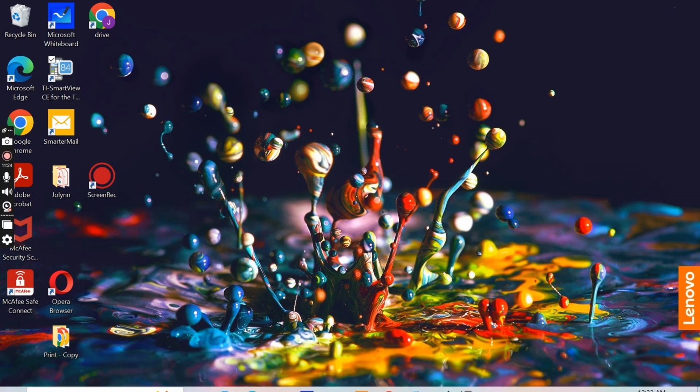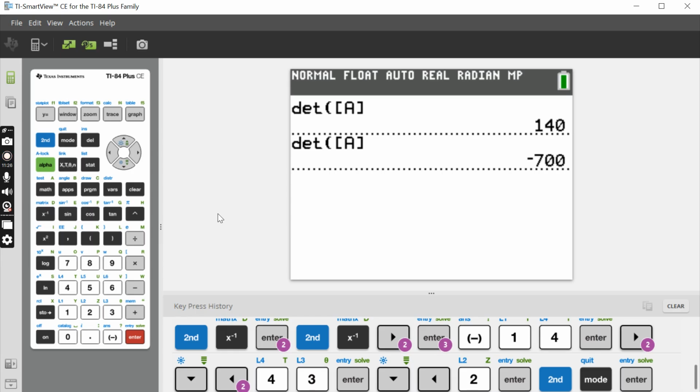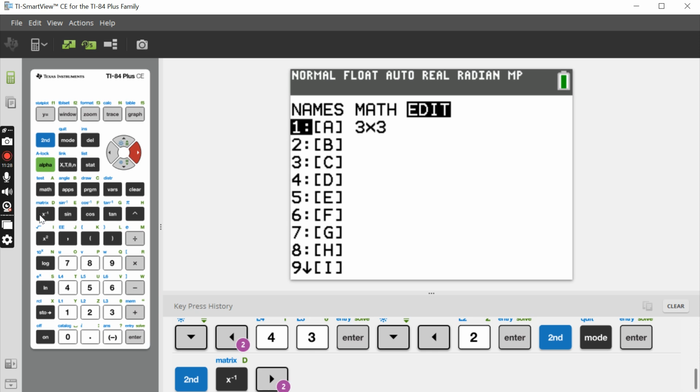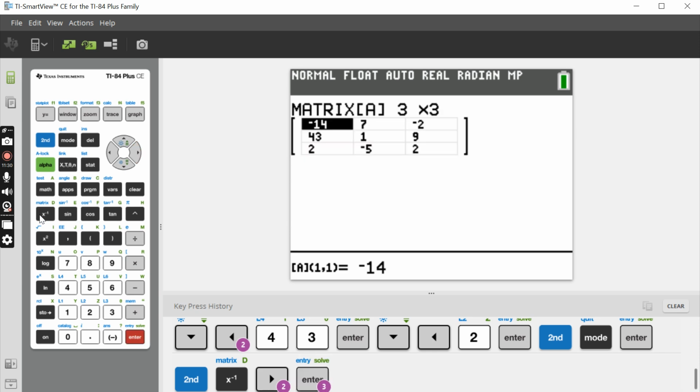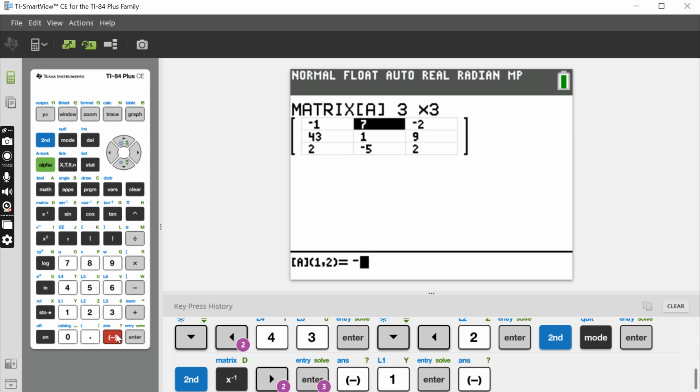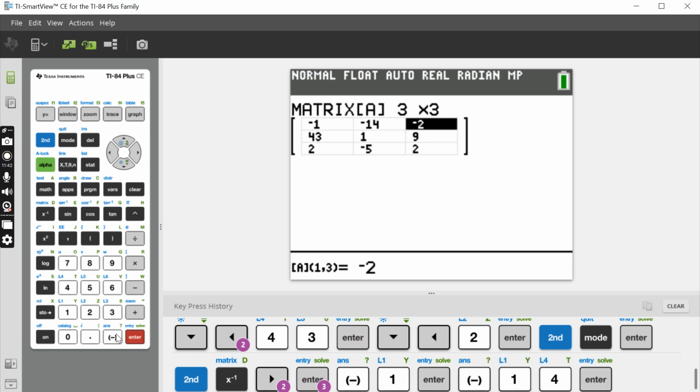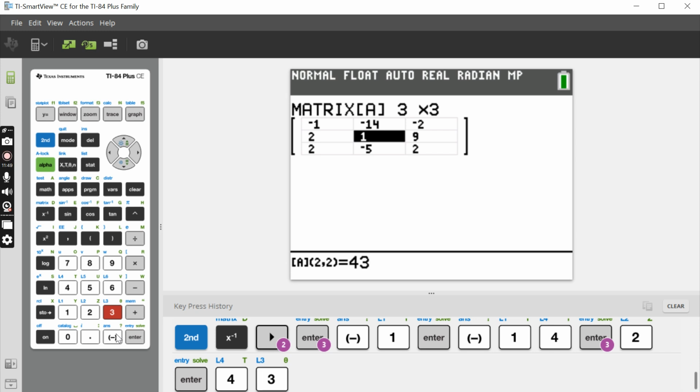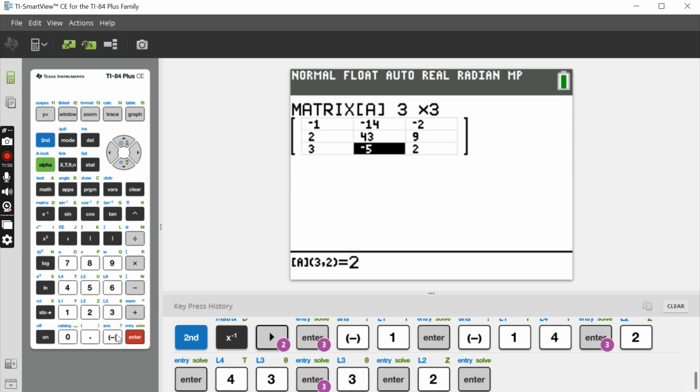So going back to my calculator, second matrix edit, it should be negative 1, negative 14, negative 2, 2, 43, 9, 3, 2, 2.